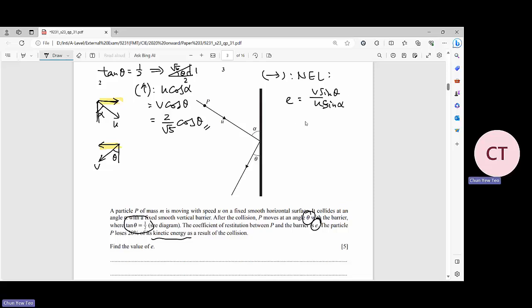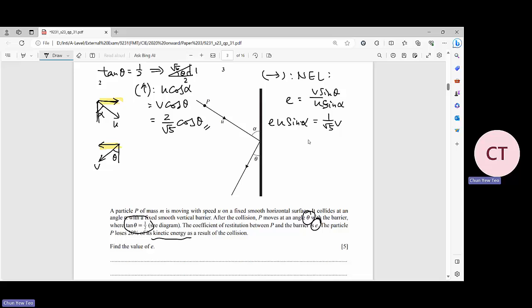Now, we also already know that eu sin alpha is equal to v sin theta. And since from the triangle over here sin theta is 1 over root 5, you can write it as 1 over root 5 v.